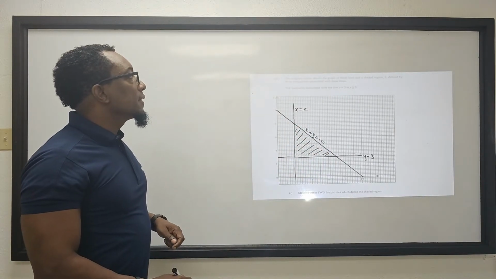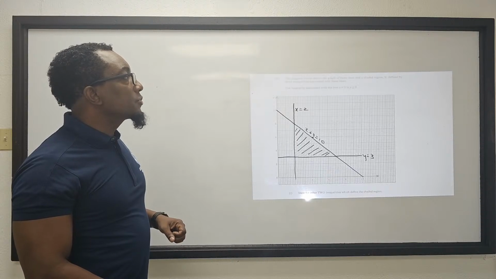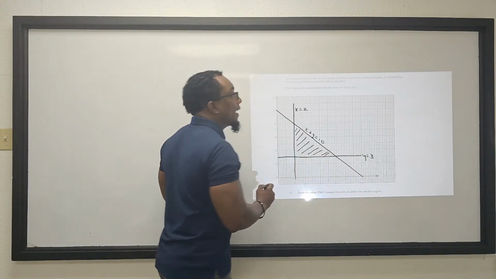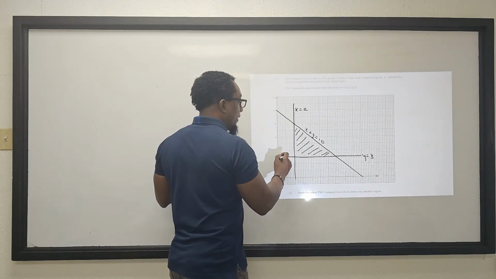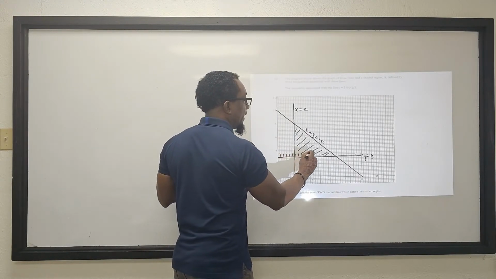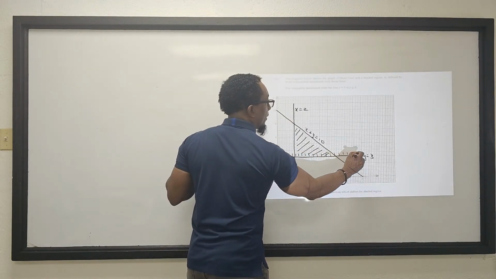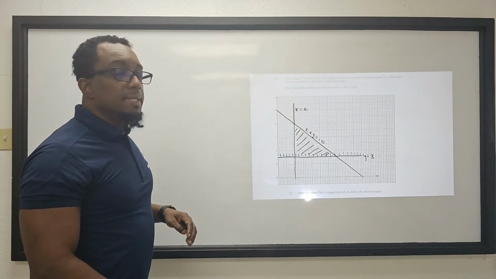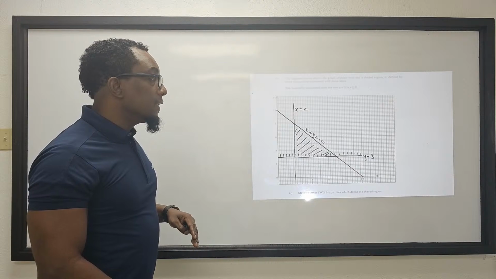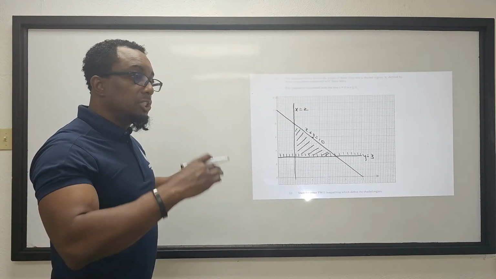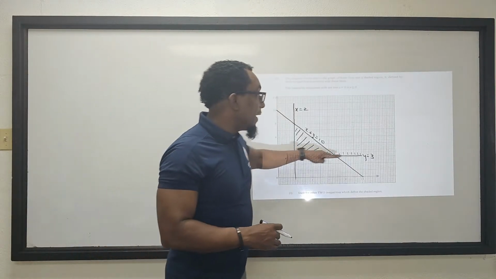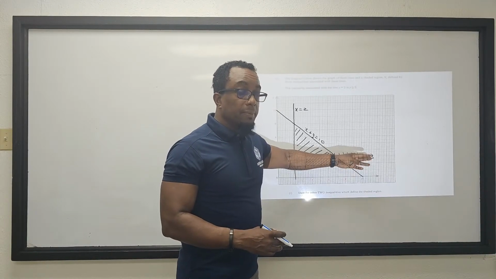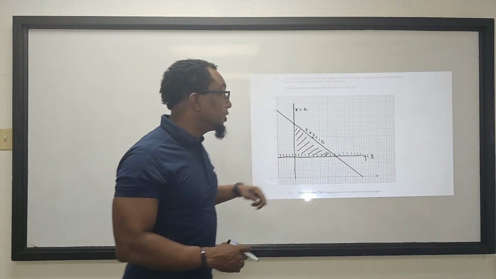So they want us to state the inequality associated with the line y equal to 3. The equation of the line is represented by an equation, y equal to 3, but the inequality is represented by shading.